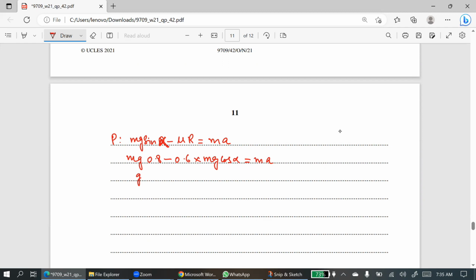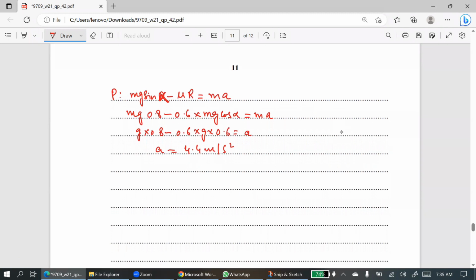G into 0.8 minus 0.6 into g into 0.6 is equal to a. The acceleration is 4.4 meters per second squared.